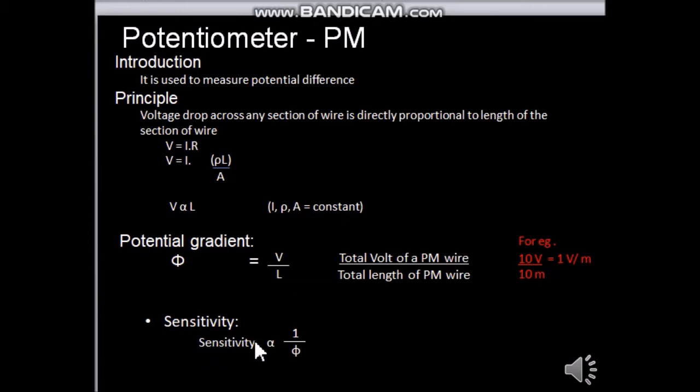Because if the least possible value is read by any apparatus, then that apparatus is said to be more sensitive. So here also, if potential gradient is less, then the apparatus is more sensitive. That's why sensitivity is inversely proportional to potential gradient. Now we will understand some construction details and how we use the potentiometer in the next sheet.